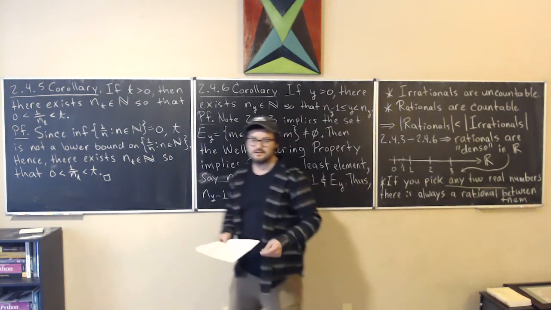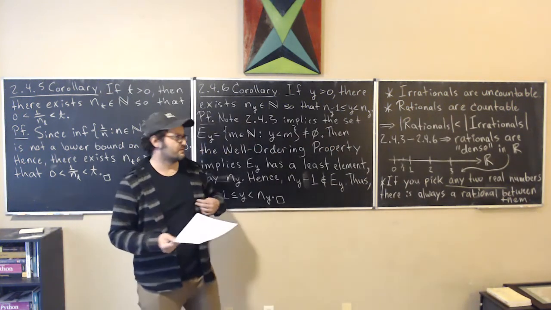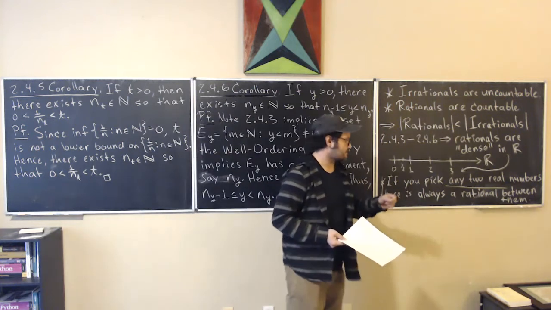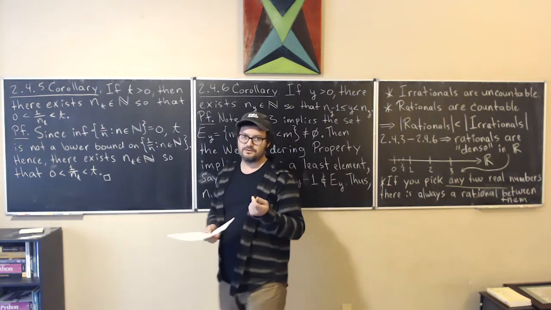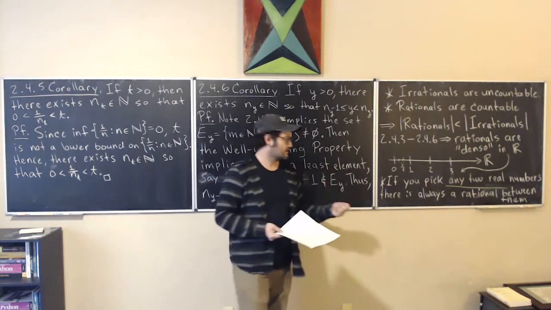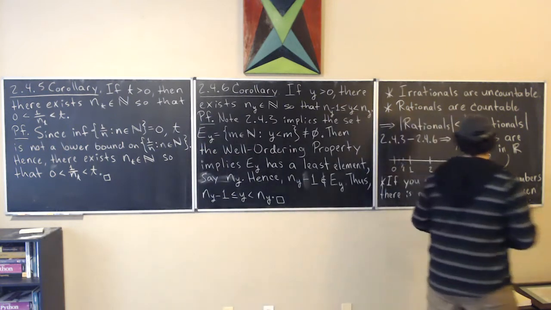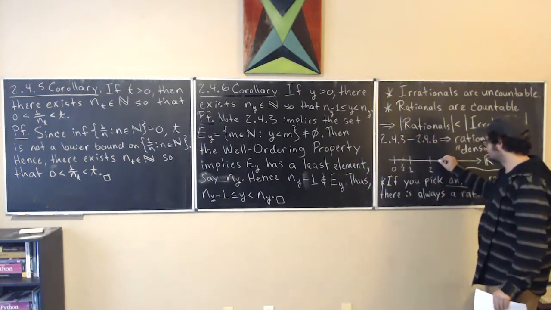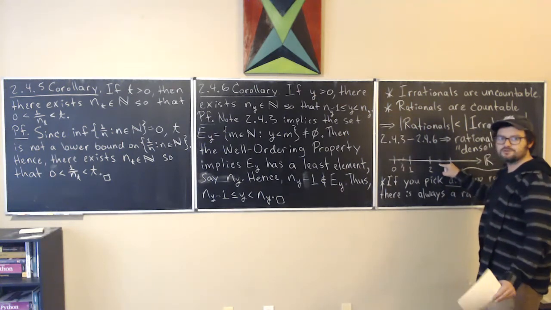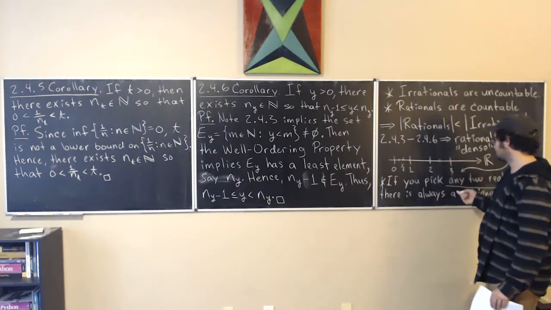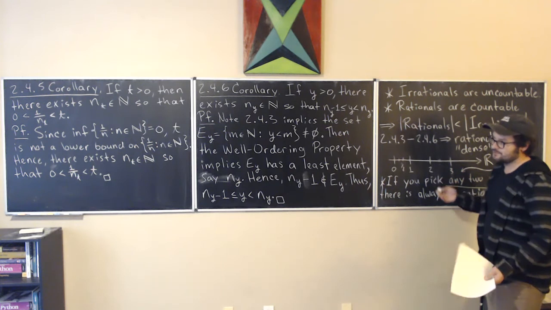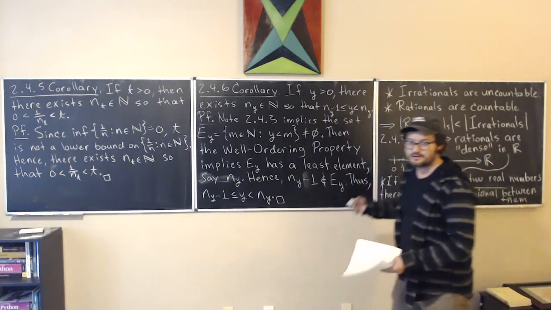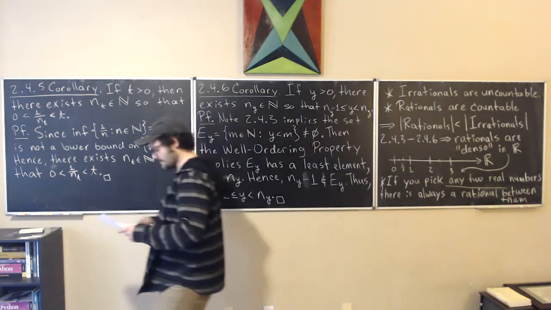In fact, there's infinitely many rational numbers between any two real numbers. So when you hear the term dense in R, that's what this means. No matter how close together we pick two real numbers, there's always going to be at least one rational number between them. And what's more, there's actually an infinite number of rational numbers between them.